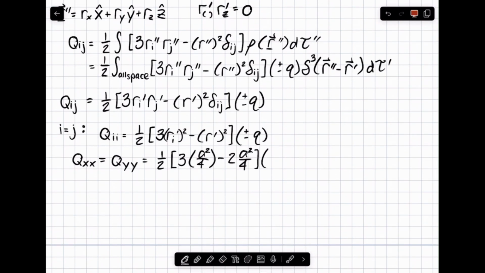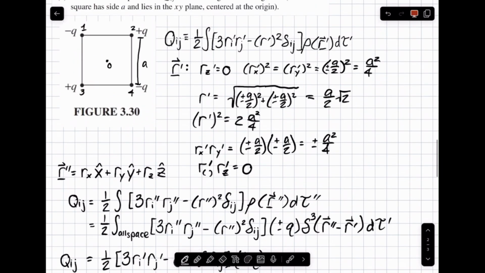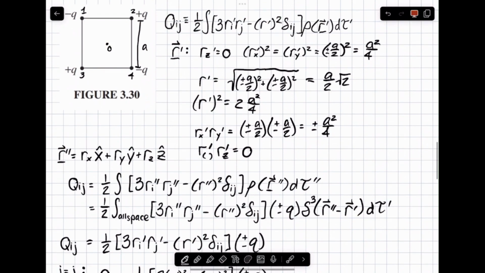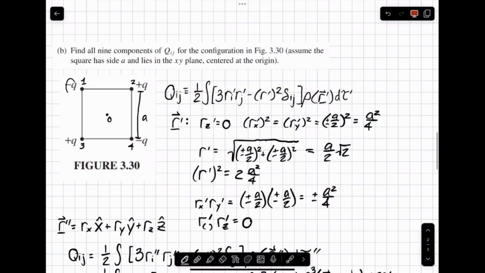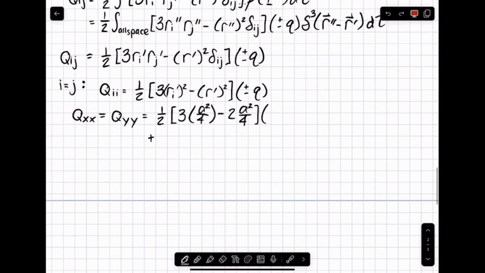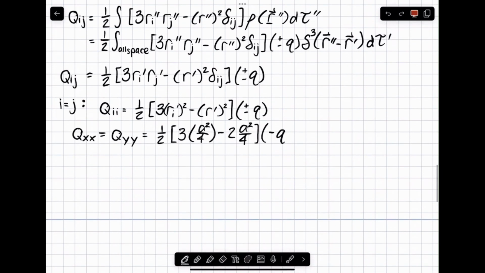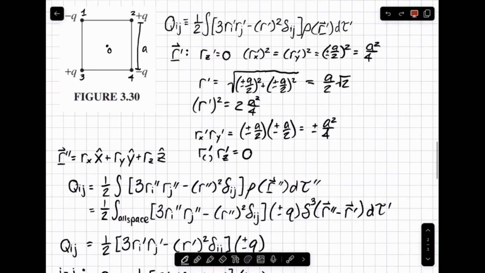Essentially, this is like a summation. So if I'm going to evaluate this for just the first point charge, remember we have a negative q here. So I would put a negative q. And if I continue to evaluate this for all charges, you'll notice that this term stays the same, no matter what point charge we're looking at. So instead of rewriting this term a million times, I'm just going to factor it out, and write the point charges that we have.